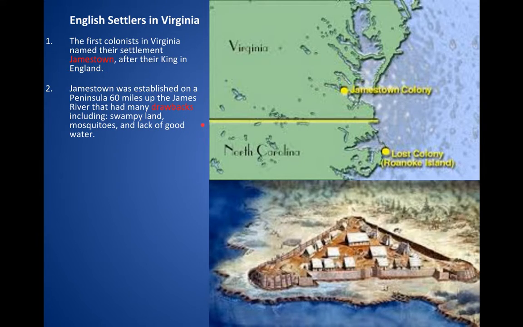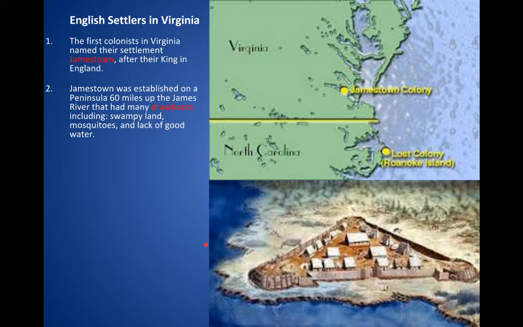There were some good things about creating this settlement on the James River in what's now Virginia. If you look down here, this is a drawing of what Jamestown looked like. It was a triangular fort. A reason for building a fort with walls like this was because the settlers of Jamestown were afraid of Spanish attack.